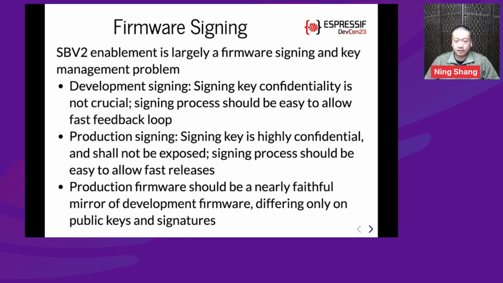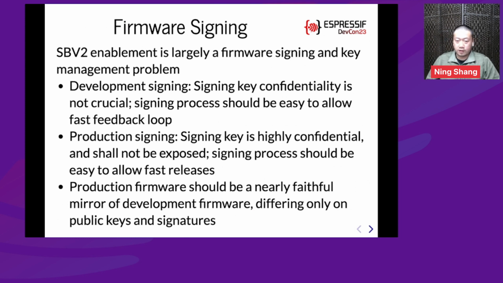For production signing, the situation can be a little different. If you are producing a design and you're selling the finished devices using ESP32, in many units, if you are selling thousands of devices to a customer, you probably don't want the signing key to leak so that an attacker can sign any firmware that runs on the device that you sell.